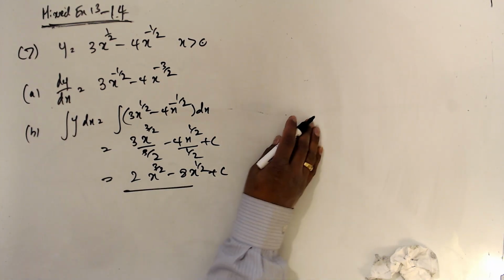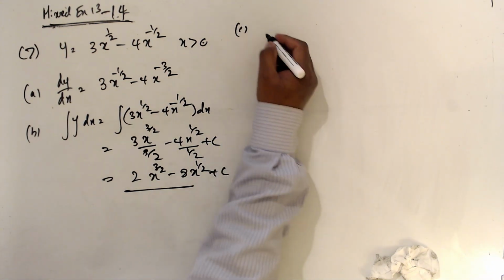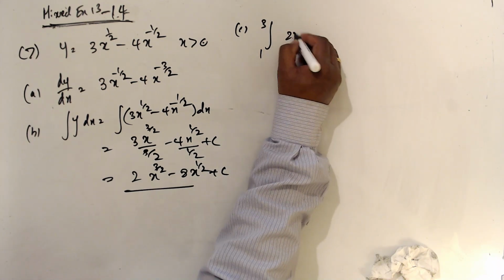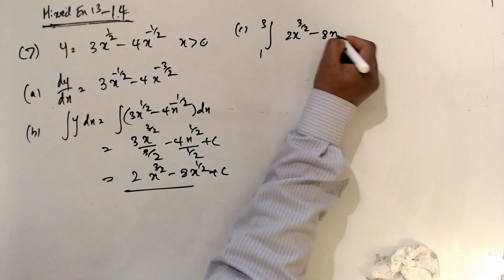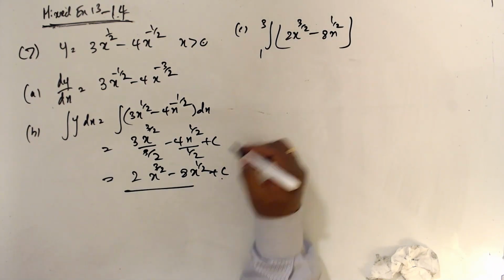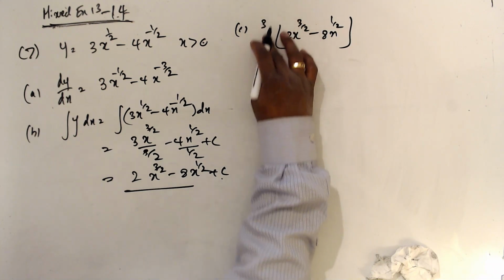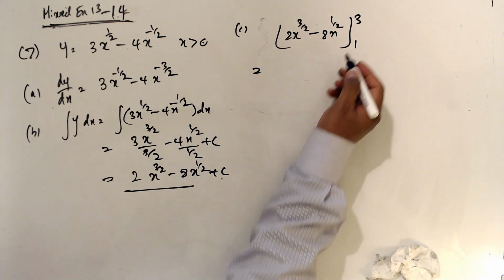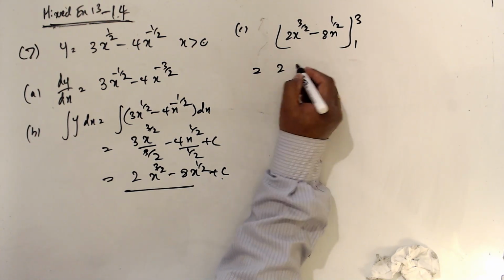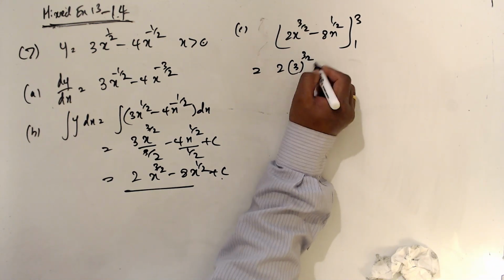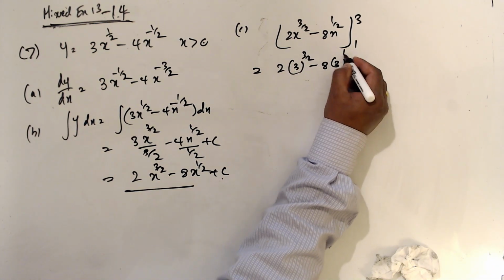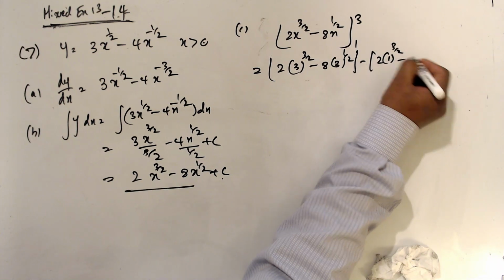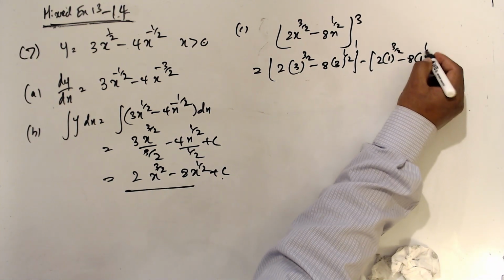Now we want to evaluate from 1 to 3: 2x to the 3 over 2 minus 8x to the half. We don't need plus c as this is a definite integral. So 2 times 3 to the 3 over 2 minus 8 times 3 to the half, minus 2 times 1 to the 3 over 2 minus 8 times 1 to the half.